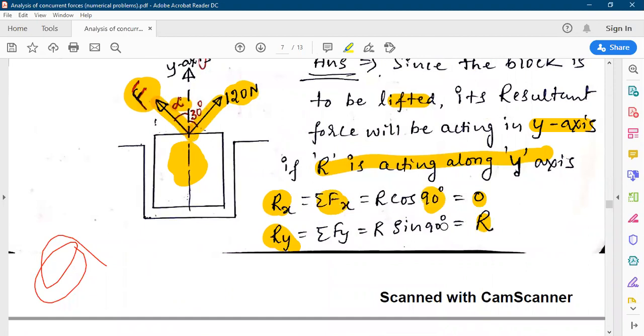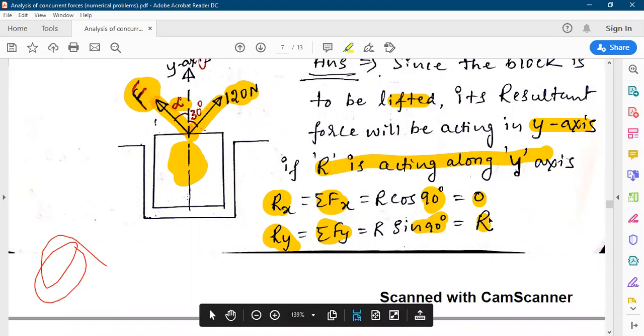And what will be its Ry? That is sigma Fy. Cos 90 is 0, and 0 multiplied by R is 0. Sigma Fx will be equated to 0. Similarly, sigma Fy is equal to R multiplied by sin 90. Sin 90 is 1, and 1 multiplied by R is equal to R. Sigma Fy is equated to R.